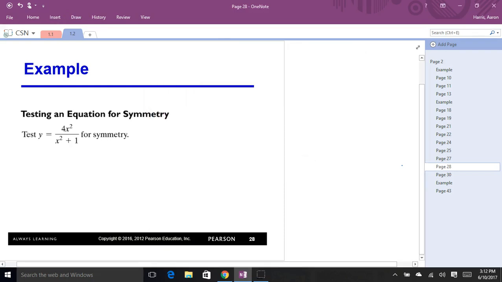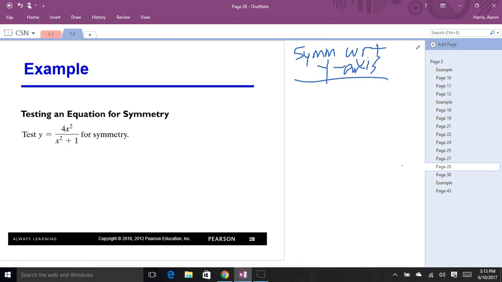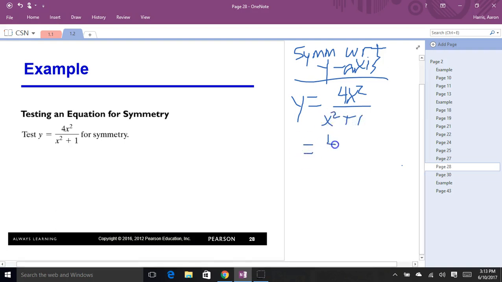Now I'm going to test if it's symmetric with respect to the y-axis. So this time I'm going to replace my x with negative x and see if it's the same. So let me replace the x with negative x.